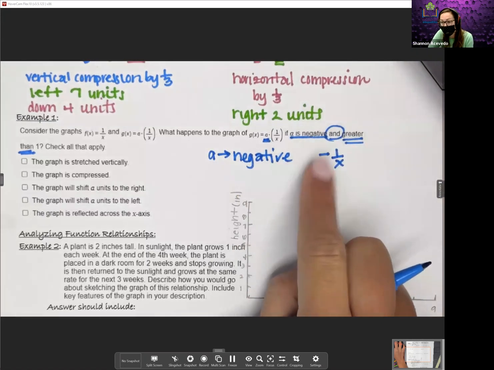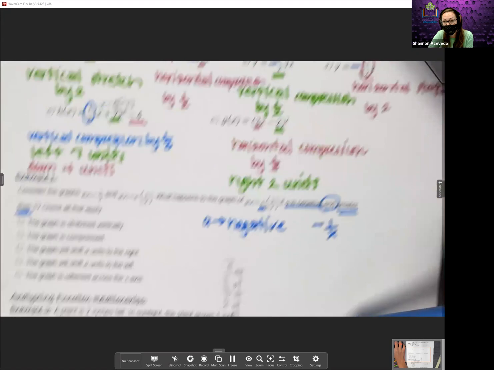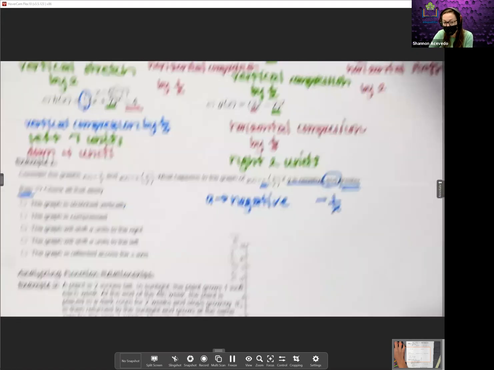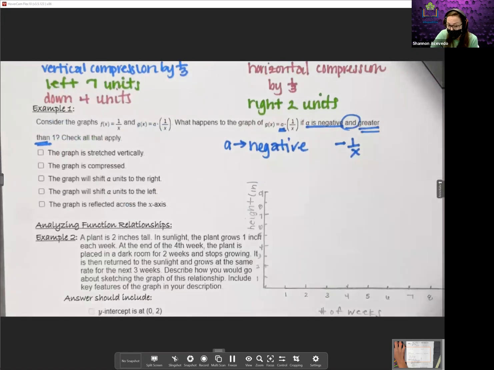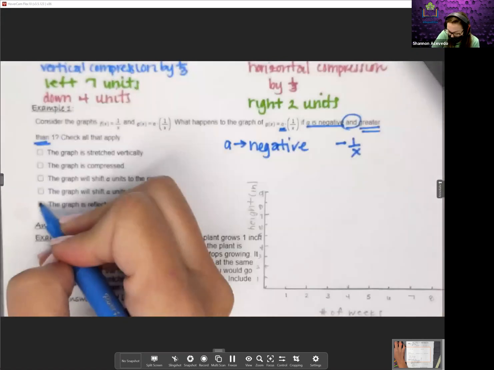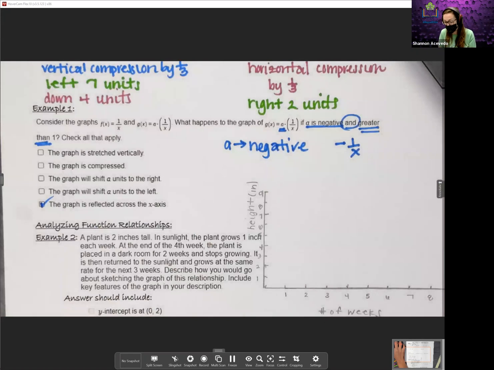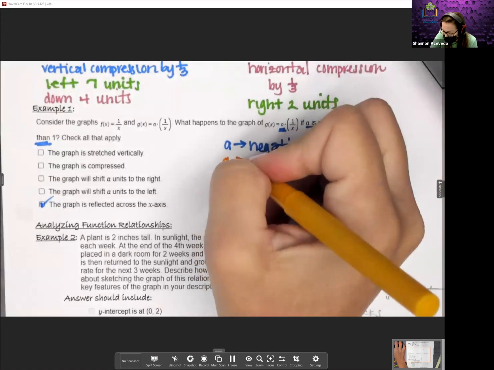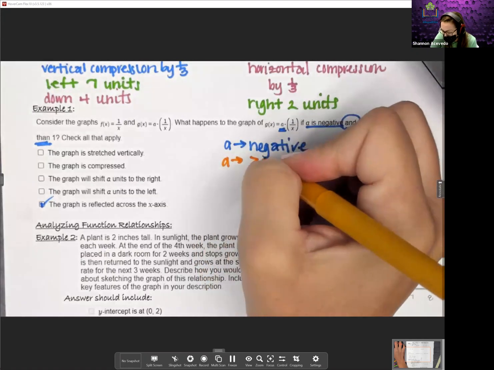What would happen to that value? Well, remember, we said if the negative is out in front, then we know it should be a reflection across the x-axis. So I look here, the graph is reflected across the x-axis. Check. So then what if a is going to be greater than 1?